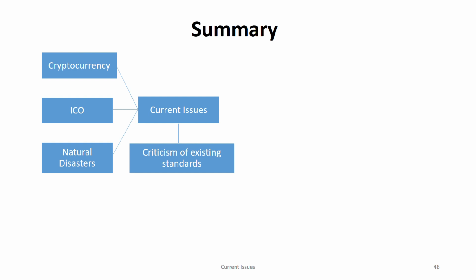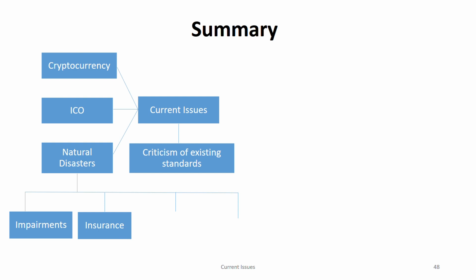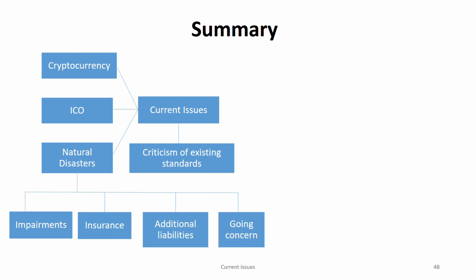Then we went through ICO also, okay, very similar to cryptocurrency. And then we went to the natural disaster. Natural disaster has implications on those four places: the impairment, the insurance, the additional liabilities, and going concern. If you go by the standard, it will have an impact on IAS 36, IAS 38, IAS 37, IAS 1, right? So that is all about the current issue.